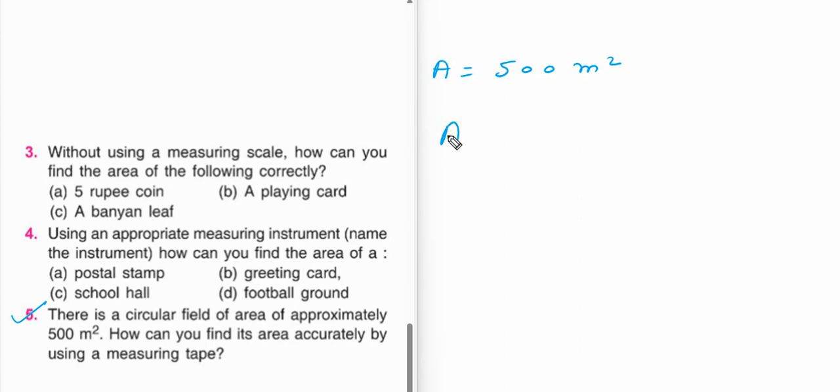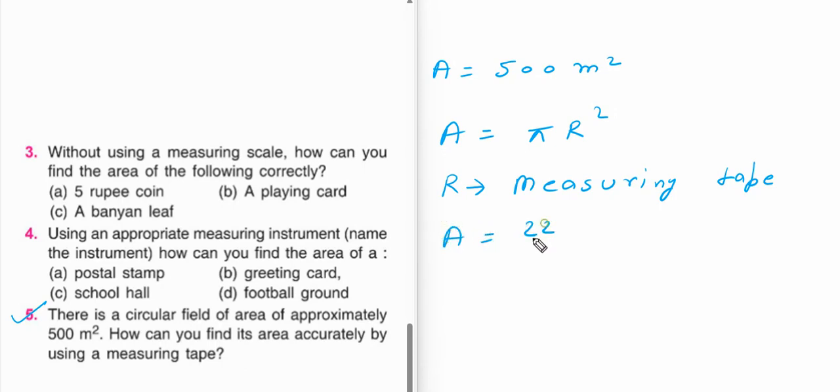So first of all, we will find r with the help of measuring tape. Then by applying pi equals 22/7 and the value of r, we can find the area of circular field. I hope the concept is clear.